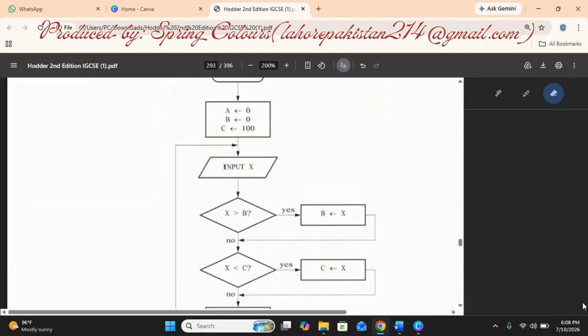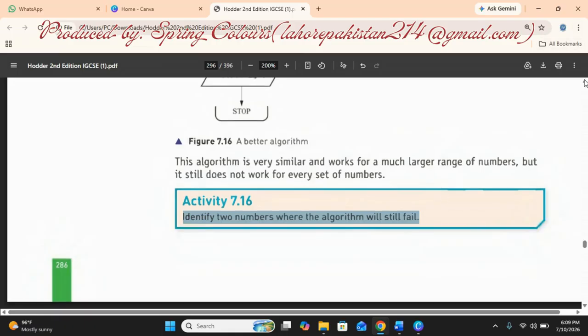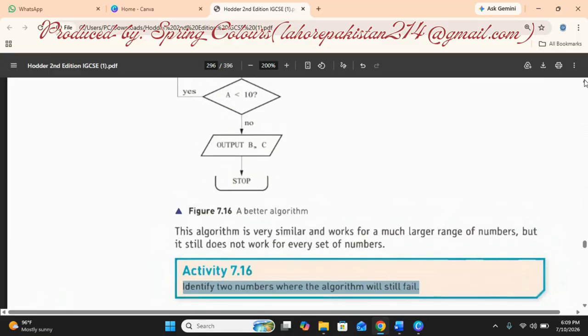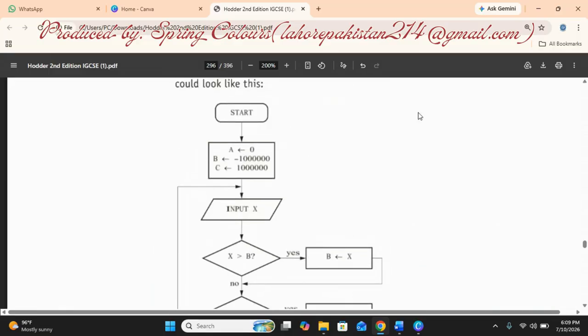Now let's move on to activity 7.16. Activity 7.16 says to identify two numbers where the algorithm will still fail. In activity 7.16, the programmer has made some changes to the flowchart that we have just discussed.